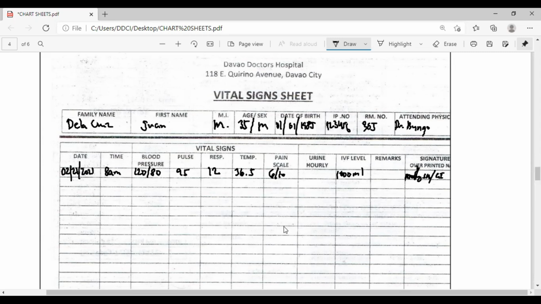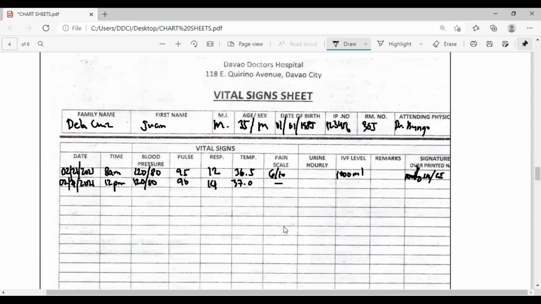Then you have another one, say same date around 12 p.m. Again, 120 over 80. Then you have your 90 pulse rate and 14 RR, let's say 37.0. And this time there's no pain scale. The patient is not experiencing any pain.